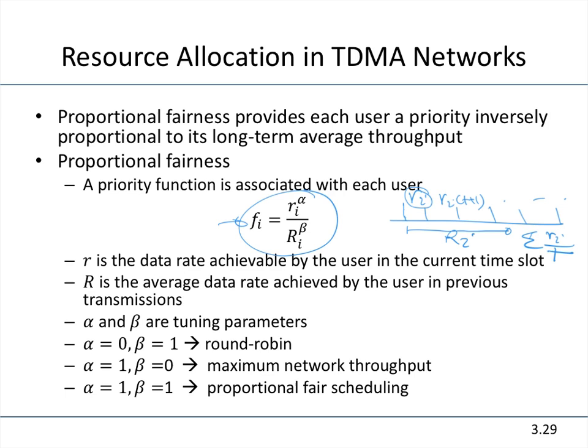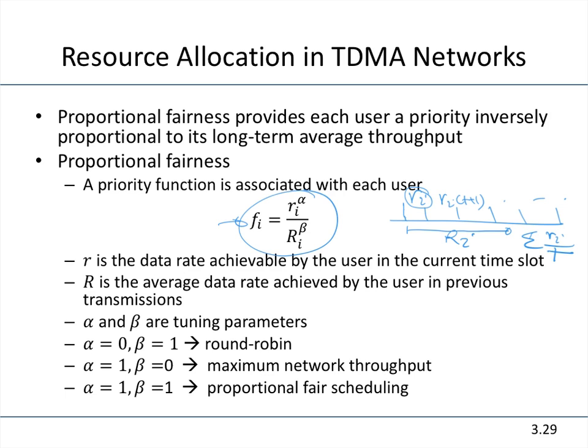If he takes the first slot and the third slot and the fifth slot, he has an instantaneous rate in each of these slots. If I sum all these instantaneous rates and divide by the total time, this is the average rate.